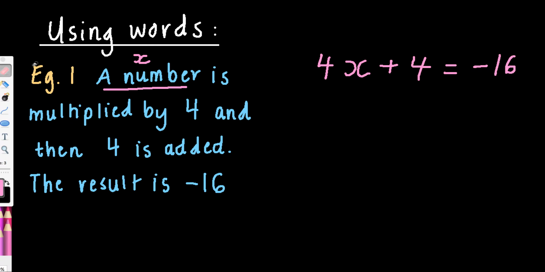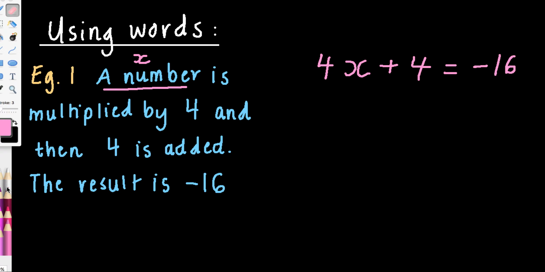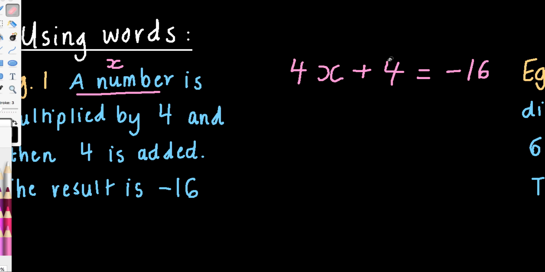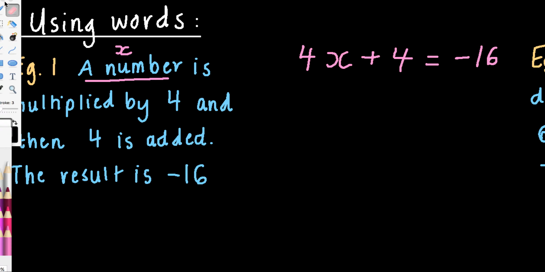Now that we've got our words into a mathematical sentence, now we will solve. So just like before, take away 4, take away 4. On the left, we've got 4x. Negative 16, take away 4, so I'm going further negative. I'm going to the left of the number line.